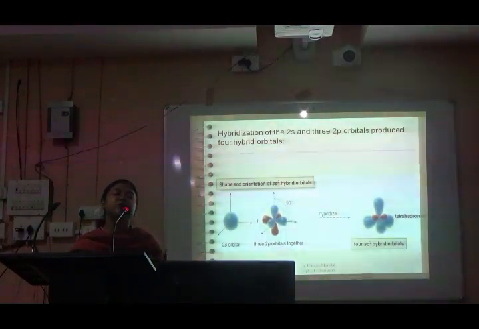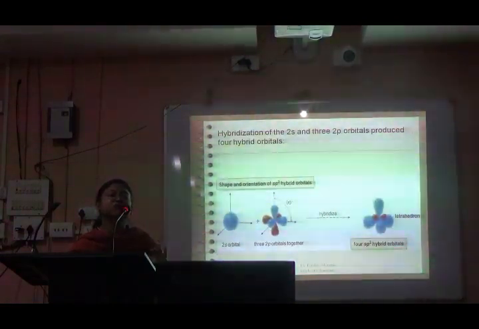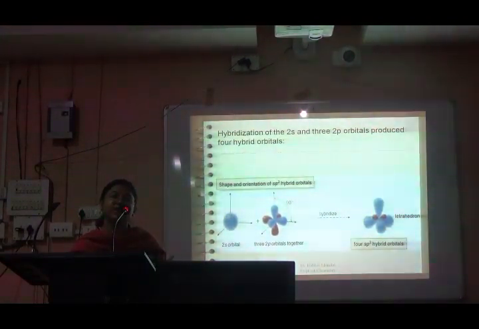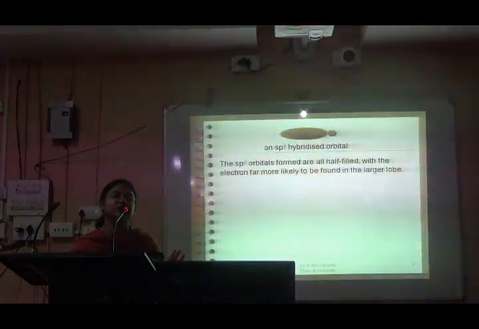If the 4 hybrid orbitals are directed towards the 4 corners of a regular tetrahedron, then both the conditions are satisfied: equal energy, and minimum repulsion between the electrons, since each hybrid orbital has got 1 electron. The sp3 orbitals formed are all half-filled.